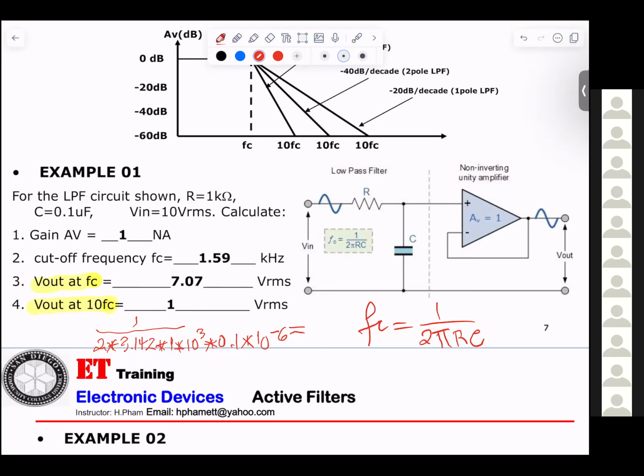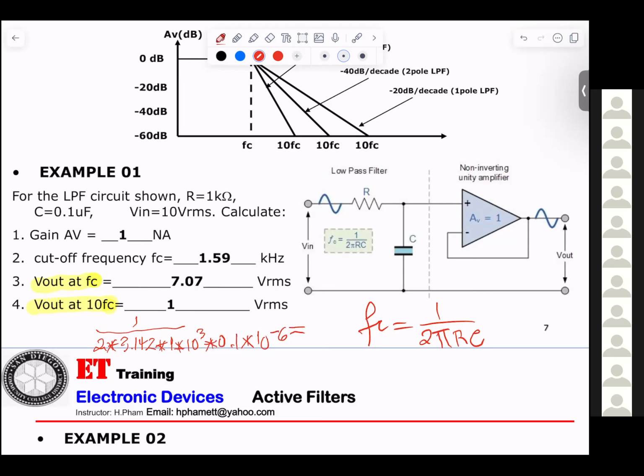Number 3, they want to get the VR at FC. Now, tell me what the formula is to calculate that. Okay?